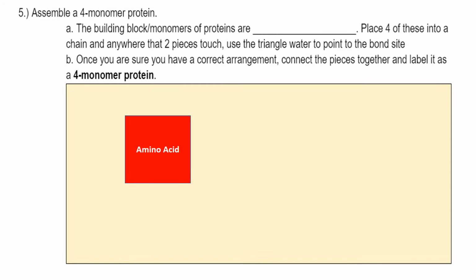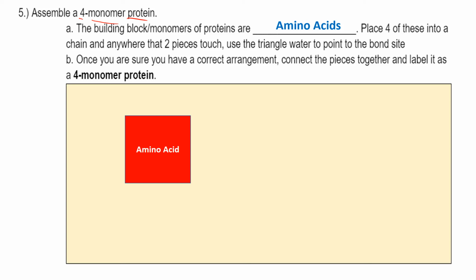Number 5. Assemble a 4 monomer protein. Okay? So we're going to make a protein that only has 4 monomers. First, I need you to answer this question. The building block or monomer of proteins are what? That would be amino acids. Okay?